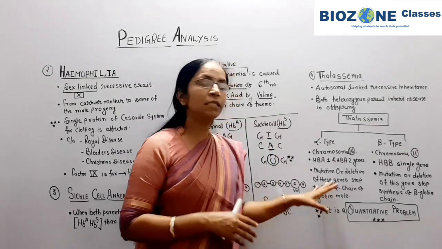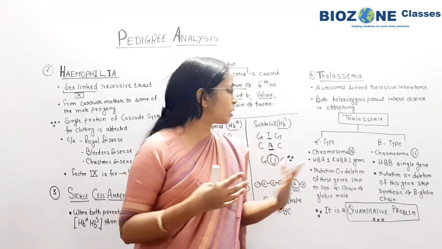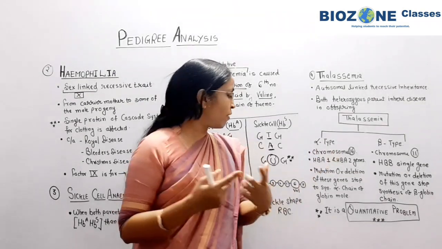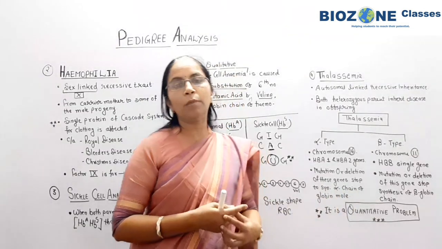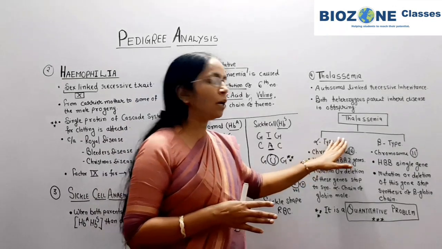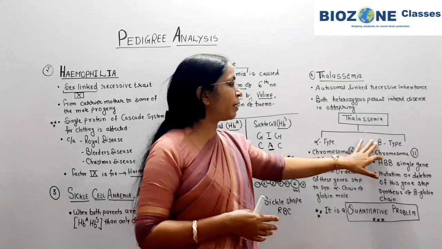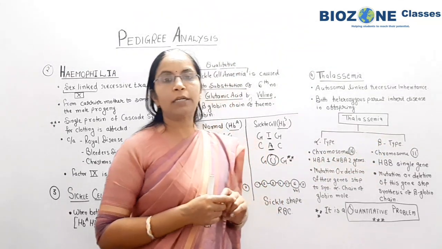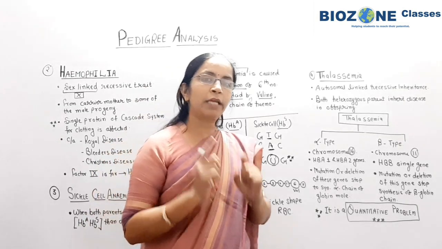So when these genes undergo mutation or deletion, they stop the synthesis of alpha hemoglobin chain, the alpha chain of the globin molecule stops being synthesized, and the disease is said to be alpha thalassemia. When we come towards beta thalassemia, you remember it is caused because of the mutation or deletion of a single gene.